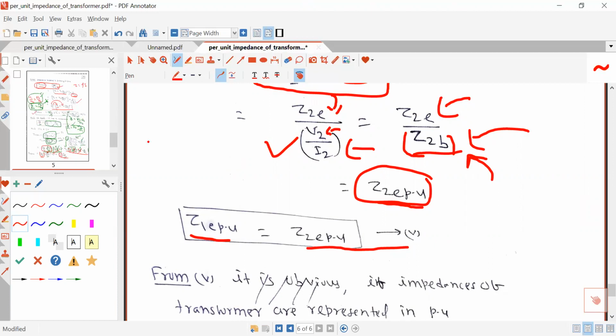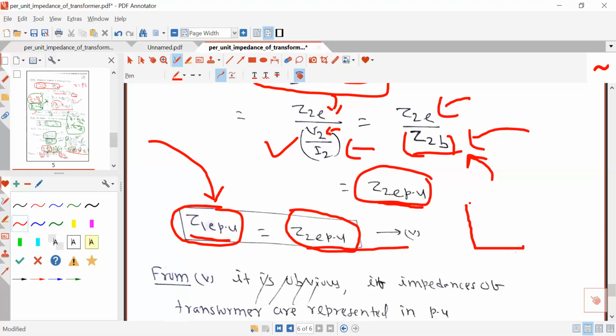You can see here that in per unit, total impedance referred to the primary is equal to the total impedance referred to the secondary. So this is the second advantage. Without knowing the turn ratio, without knowing anything, you can determine its total impedance.